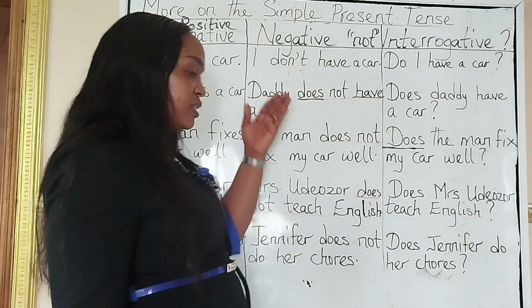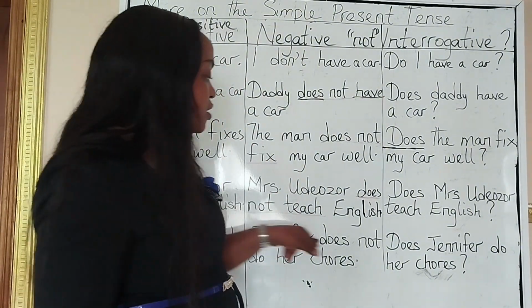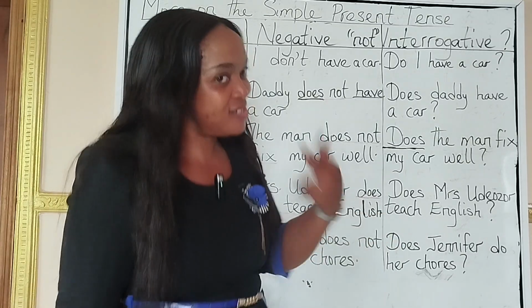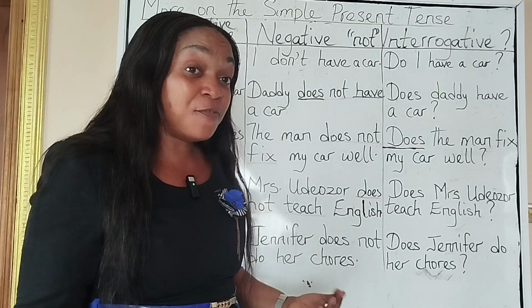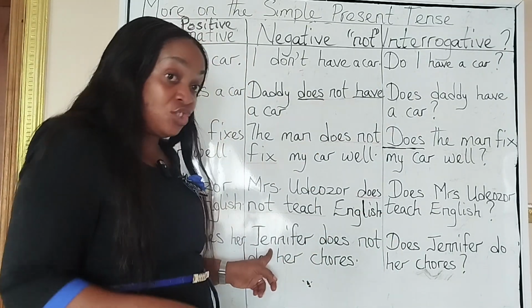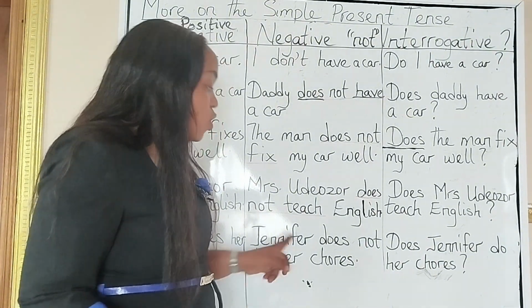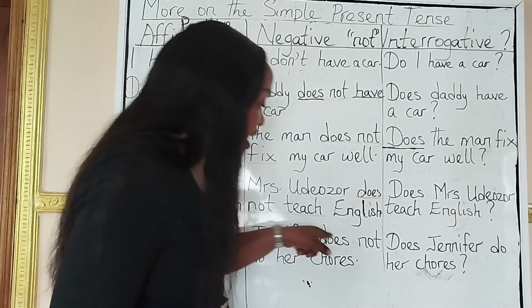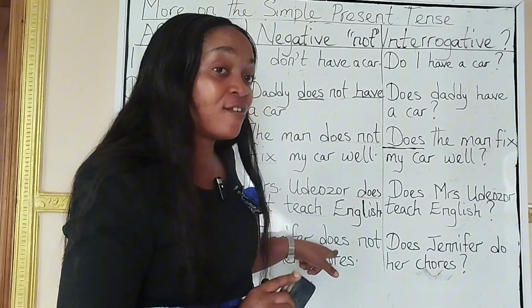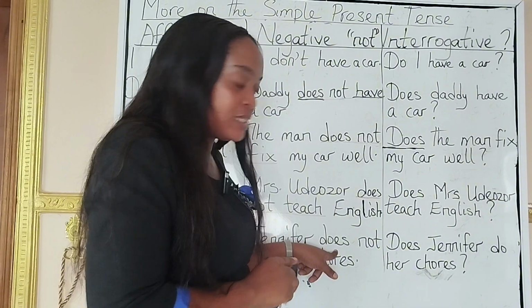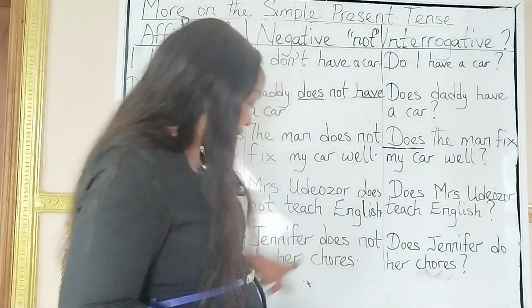And we come to the negative. Jennifer does not, will not say does not does her chores. Despite the fact that Jennifer is she, and we say she does, she has, but here, once you have said Jennifer does, it has taken care of what you're supposed to say following the rule as a simple present tense. You just need to add not and say do.